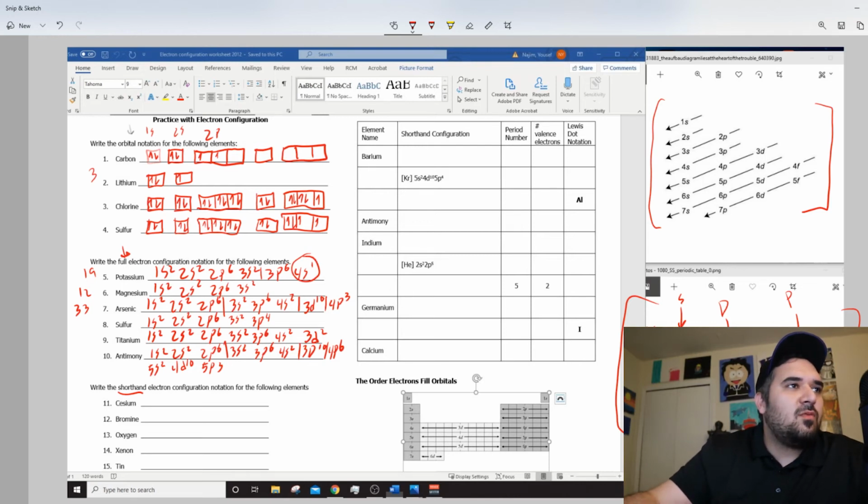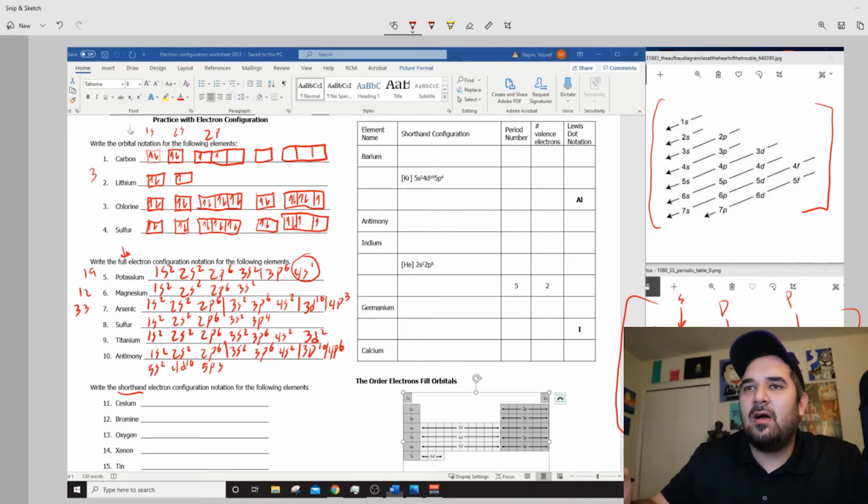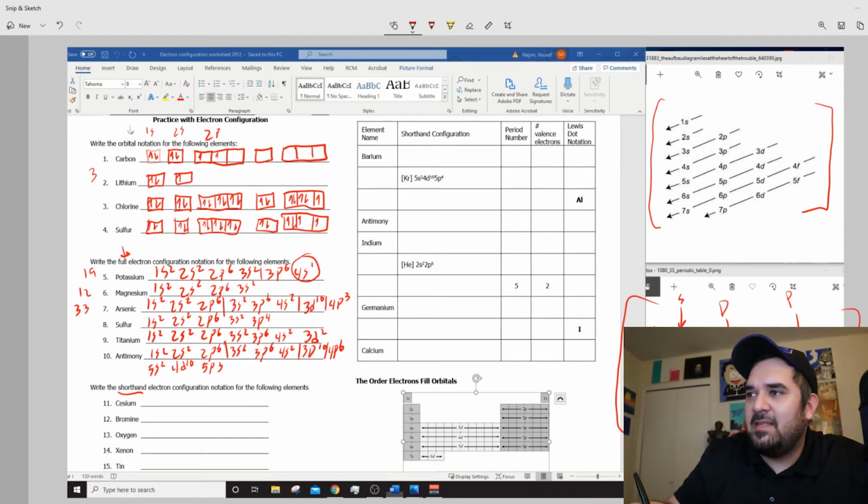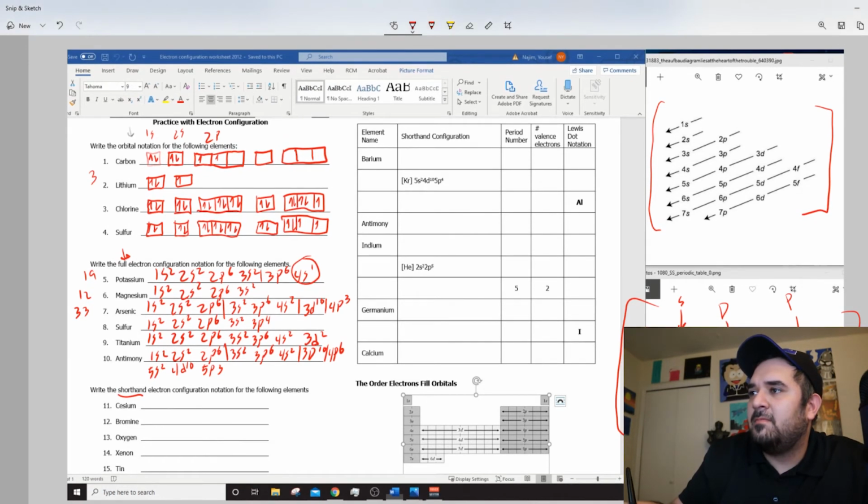All right, so first one we have is going to be cesium. Cesium is this one right here. What we do when we do shorthand notation is we start off by writing out the noble gas that comes right before what we're dealing with. In the case of cesium, the noble gas that comes right before it is going to be xenon.